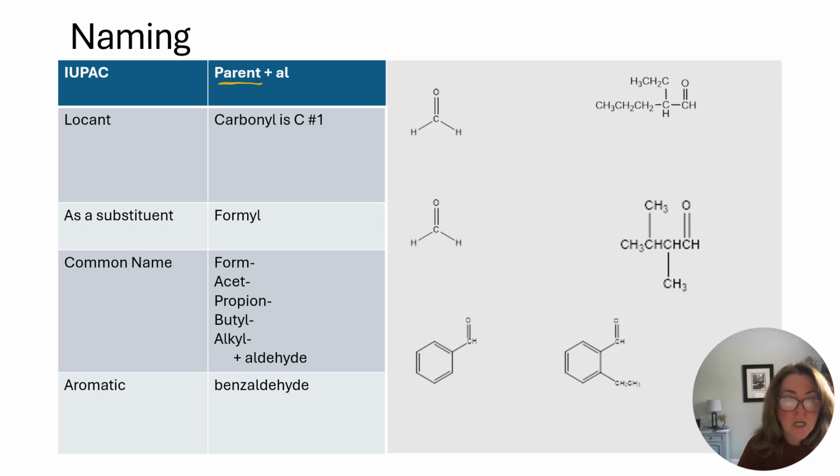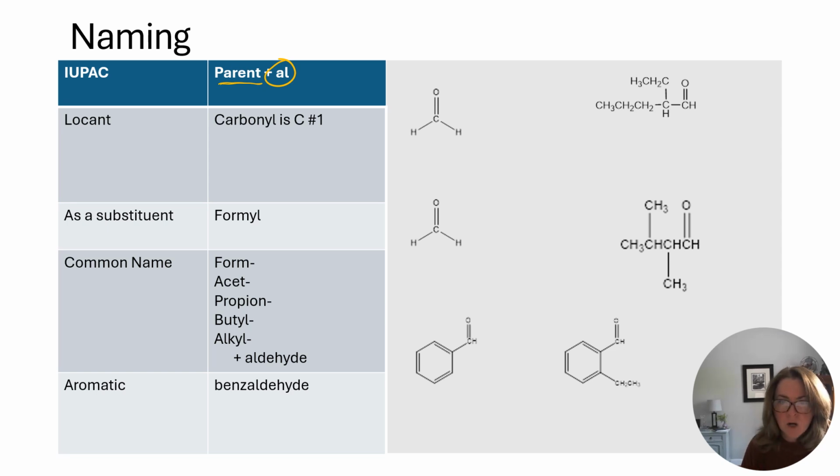But this time we're going to change our suffix to -al. So think southern twang, methanal or butanal, as opposed to -ol, because we don't want to confuse these with our alcohols. Okay, so our locant is always going to be on carbon number 1.